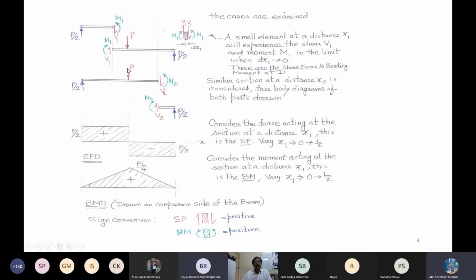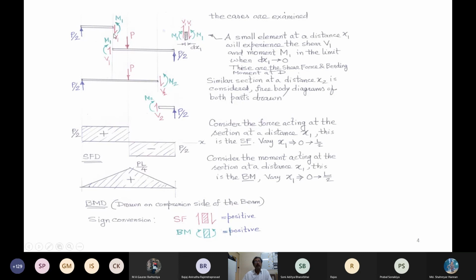He is saying V1. I agreed that I will draw V1 like this. For the left part of the section I will always draw it downward, because that is what I agreed in the very first diagram.